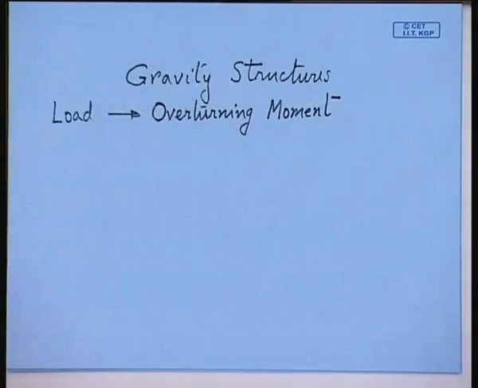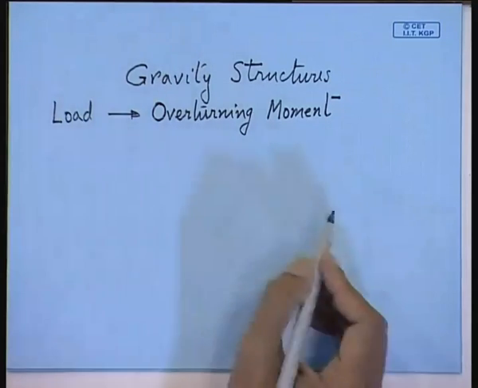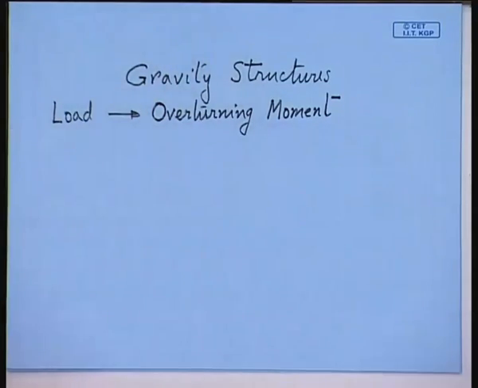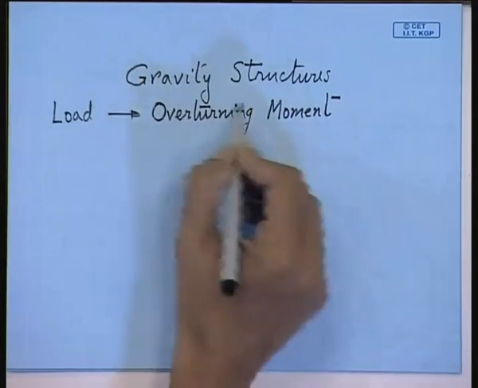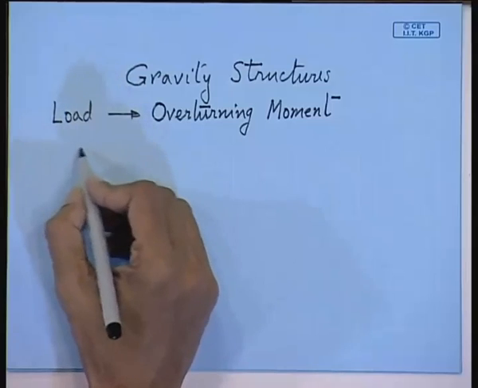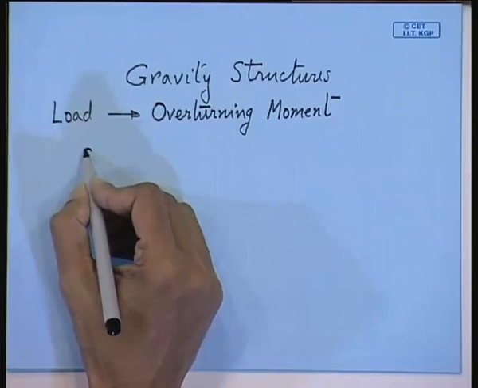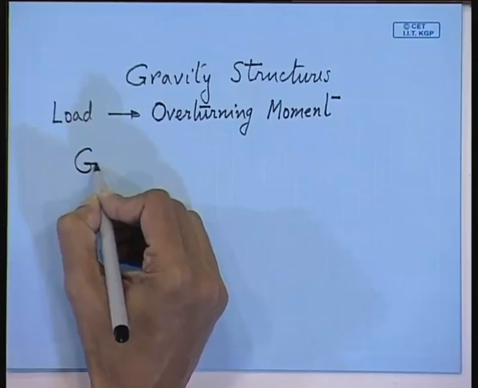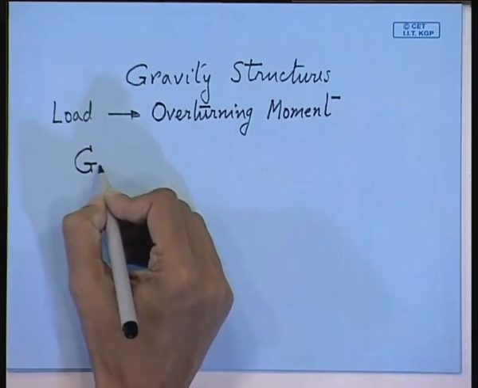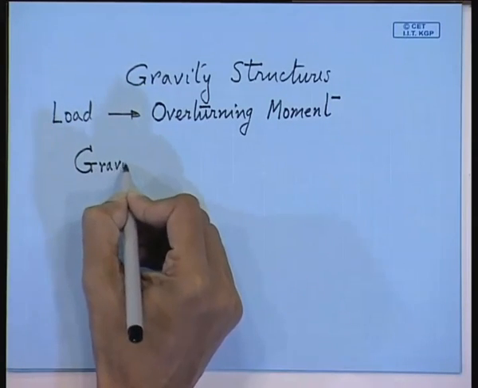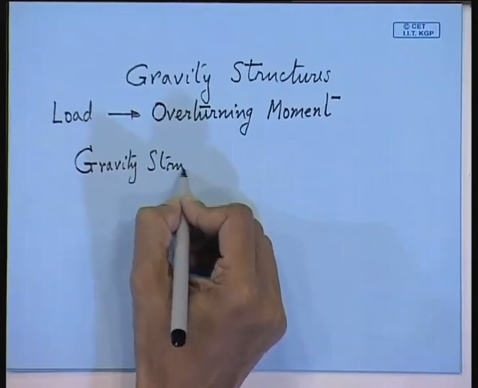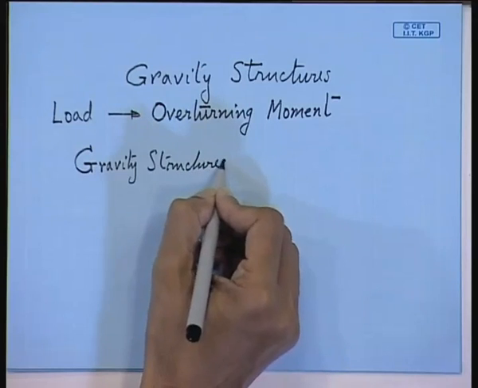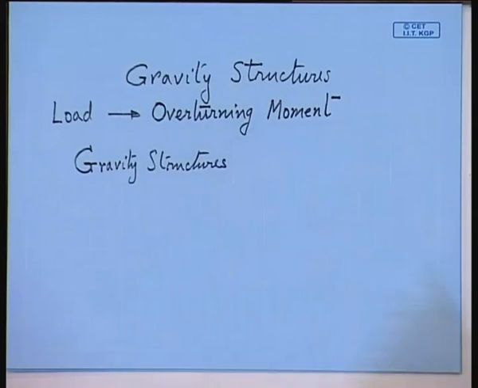Now, what about these gravity structures? Again the same overturning moment is coming here. One thing you should note, that gravity structures and the jackets, they are normally in shallow water. Here I am not writing pile because I have written that.